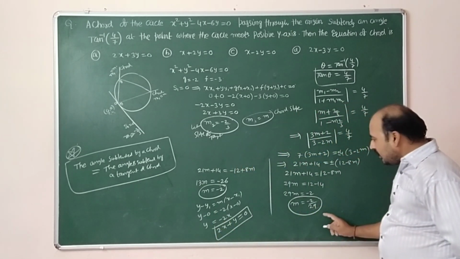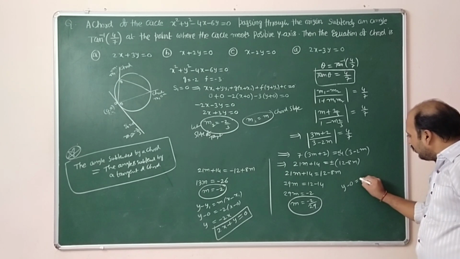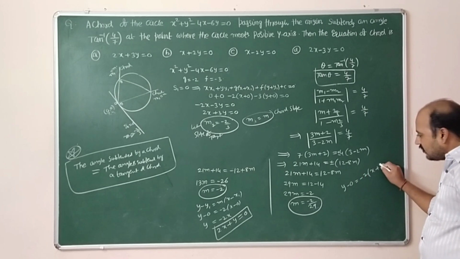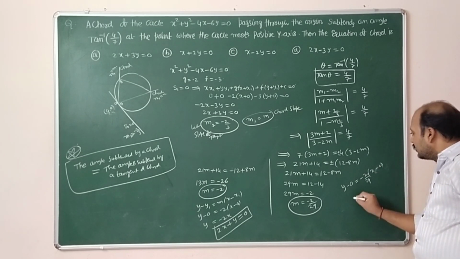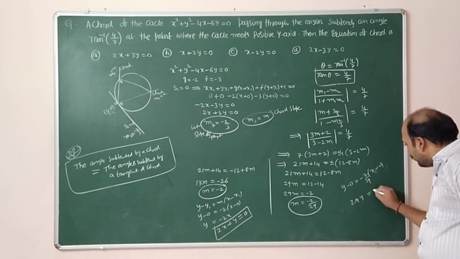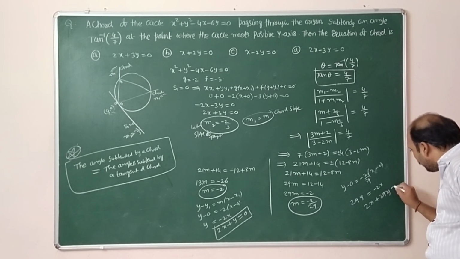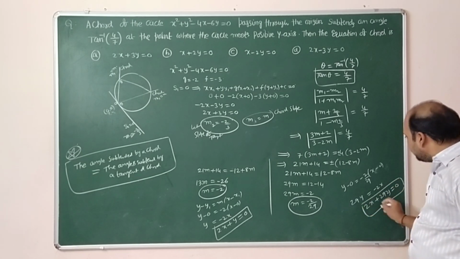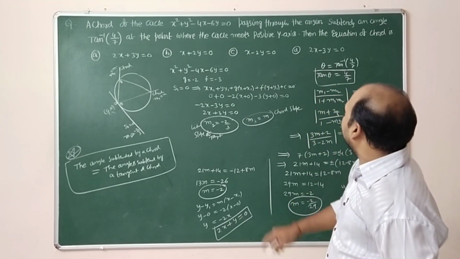If you consider this one, you will get y minus 0 equal to minus 2 by 29 into x minus 0. So 29y is equal to minus 2x, that is 2x plus 29y equal to 0. But this equation is not available in the options. Even this is also a right answer. 2x plus y is there.